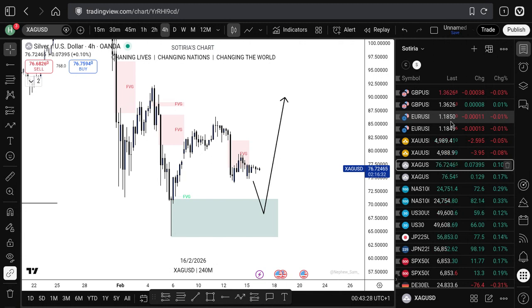I want to see a bearish move too before a bullish move. And gold, silver too, waiting for price to come into levels that I expect to buy from. So that is what I have for GBPUSD, EURUSD, gold, and silver.